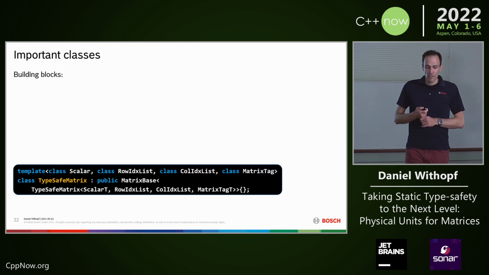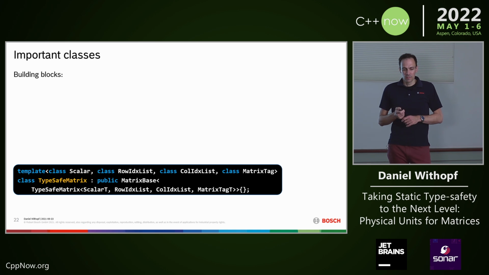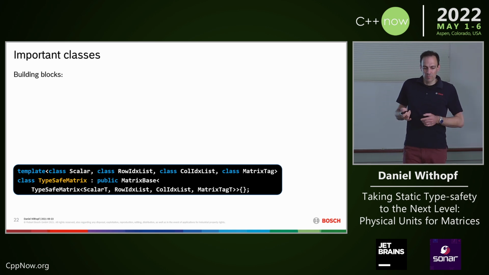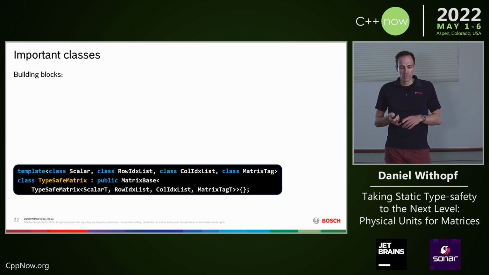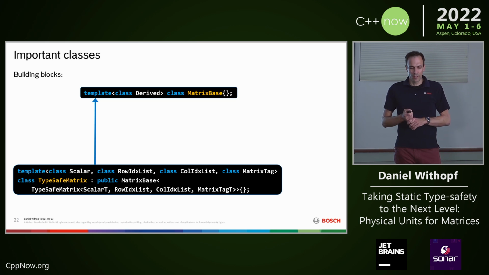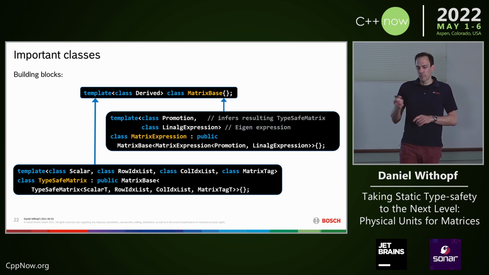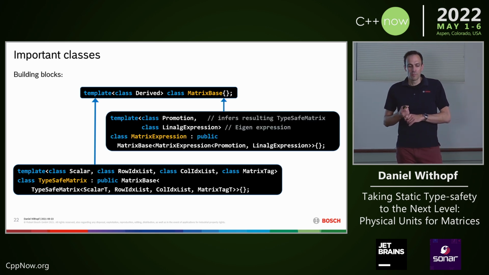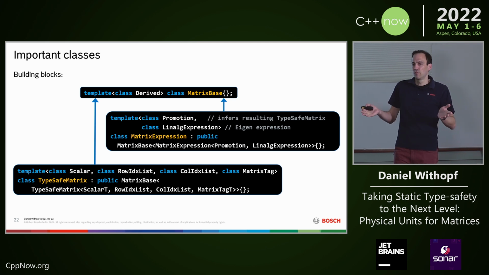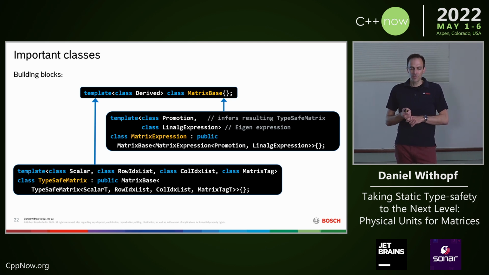Good. Now these are the classes that are part of my library, the 3 most important classes. So we have a typesafe matrix, we've already seen that. And this inherits from a matrix base class with a CRTP pattern. And the third building block that we need is a matrix expression, similar to normal linear algebra libraries. Such a matrix expression gets 2 template arguments.